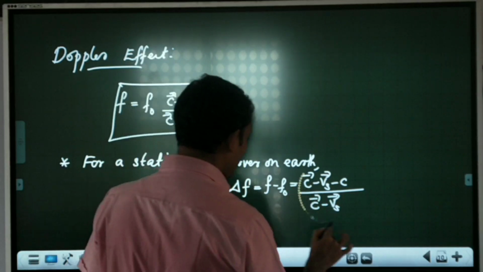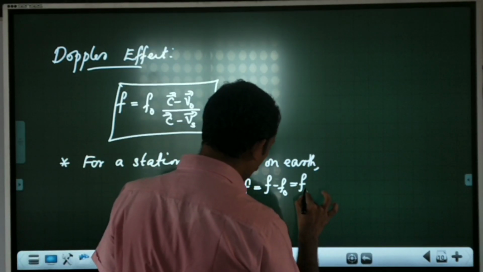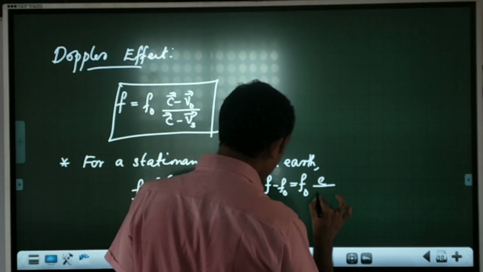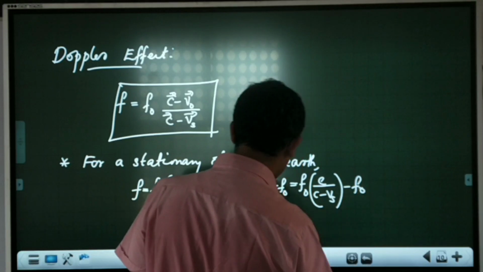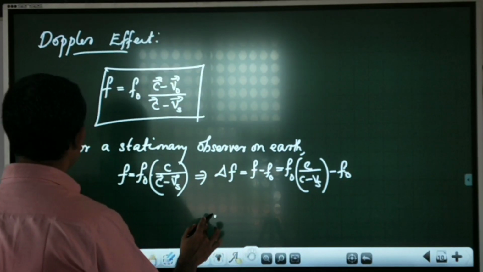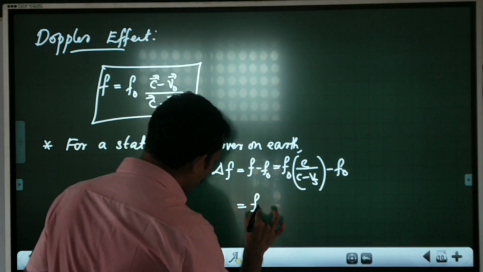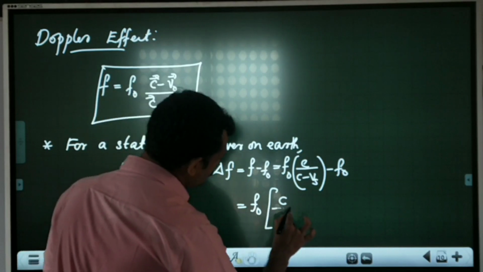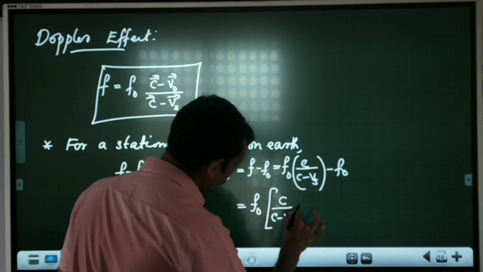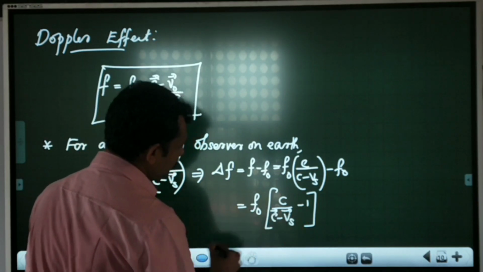So it is f0 into c divided by c minus vs minus f0. From here I can take f0 common, then c by c minus vs minus 1, with the proper vector symbol.